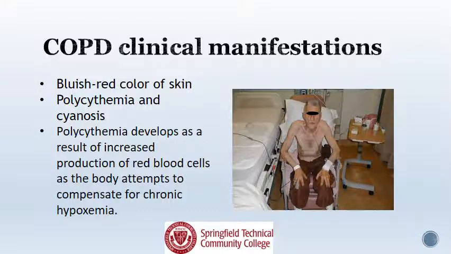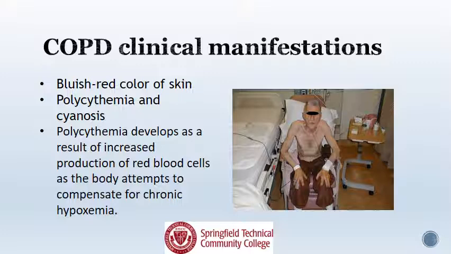This is a really good photograph of a COPD patient. You can see they're leaning forward. They're very thin. I would even describe this as cachectic. You can tell that they've been using all of their muscles, all of their energy to breathe. They can have a bluish red color of their skin because they have polycythemia, which is overproduction of red blood cells due to cyanosis.